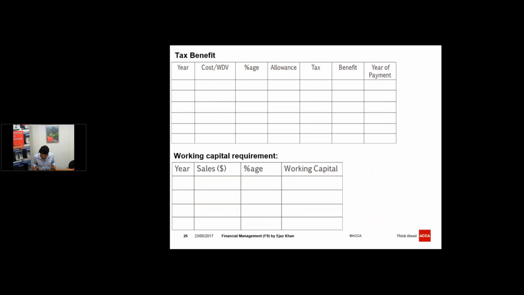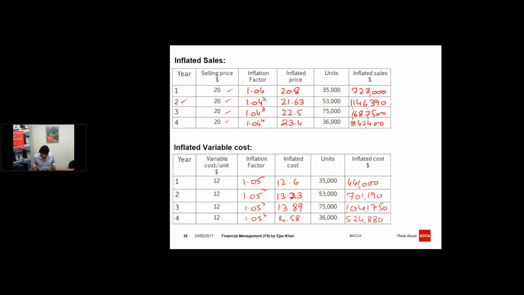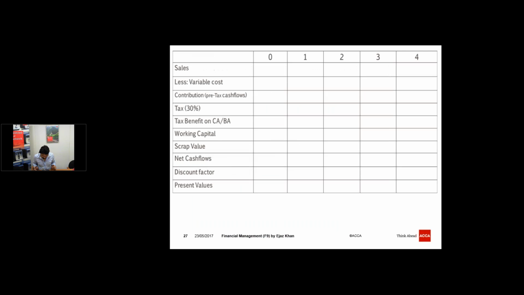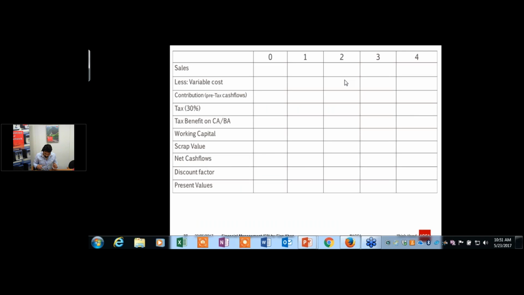Okay, now we are going to move forward. Let me switch to the pro forma first. Okay, this is the pro forma. So we'll write the sales figures that we have calculated. Can anybody tell me the sales figures for every year?